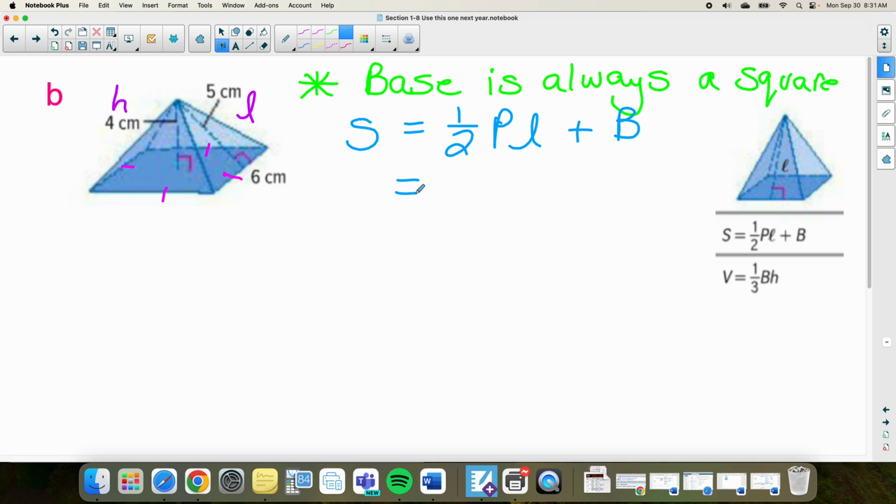I have to find my perimeter of that base, and I have to find the area of that base. Do you guys get that all of these are 6? So I could either for my perimeter go 6 plus 6 plus 6 plus 6, or 4 times 6, however you want to do that, okay?